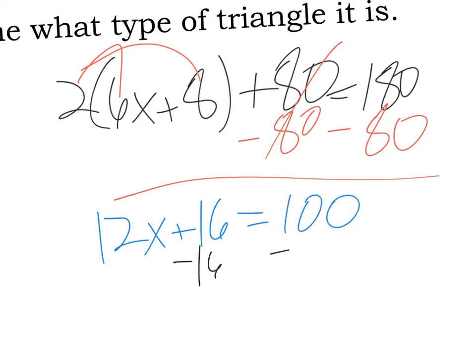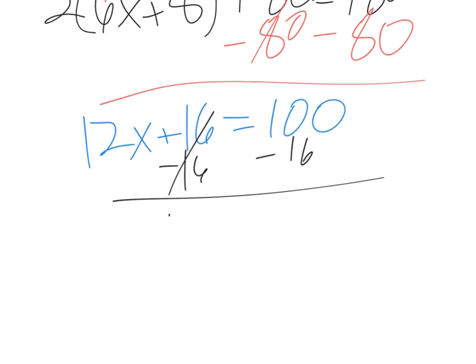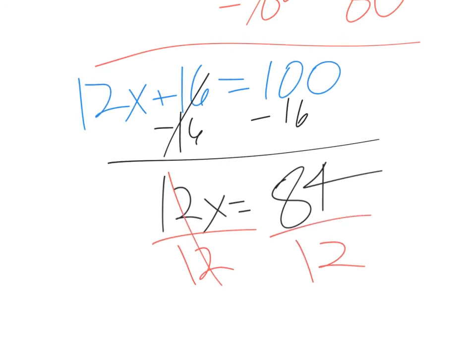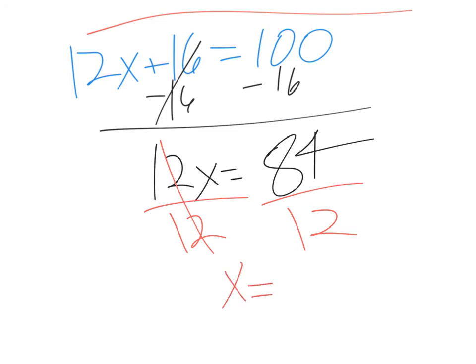So I got to minus 16 to the other side. 100 minus 16 is 84. So if 12x equals 84, then divide both sides by 7. Not 7, by 12. The answer is 7. Sorry, I was getting ahead of myself. And so yeah, x equals 7.